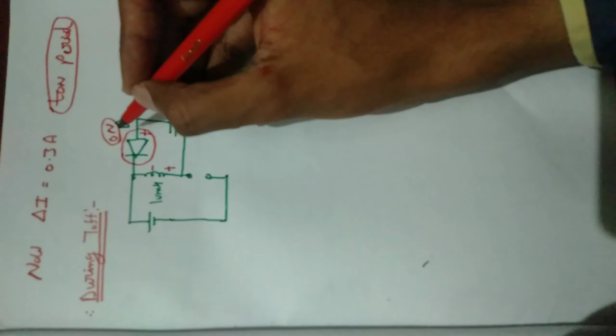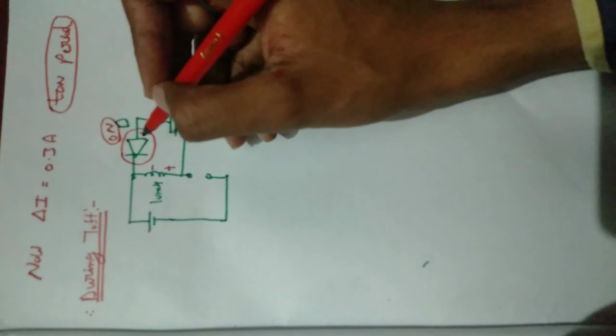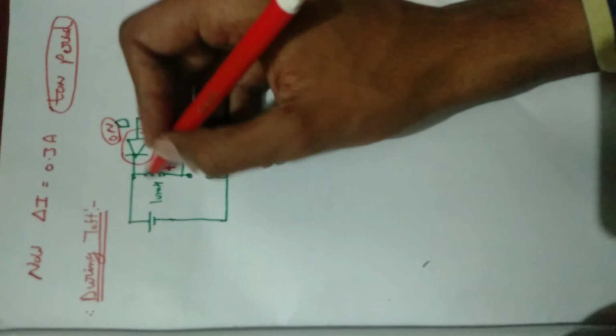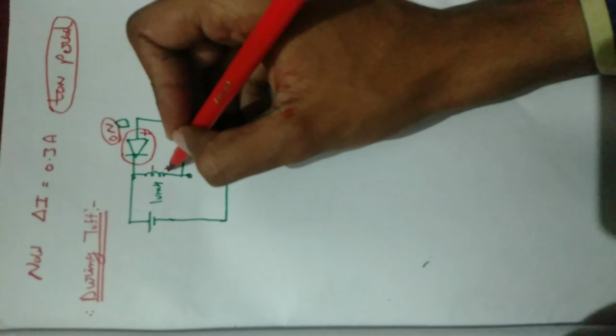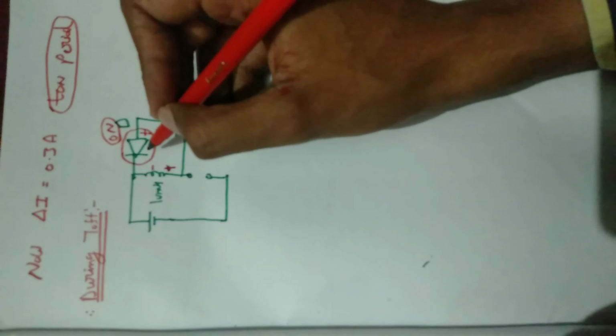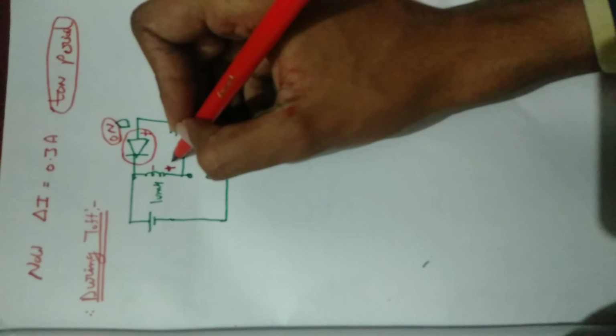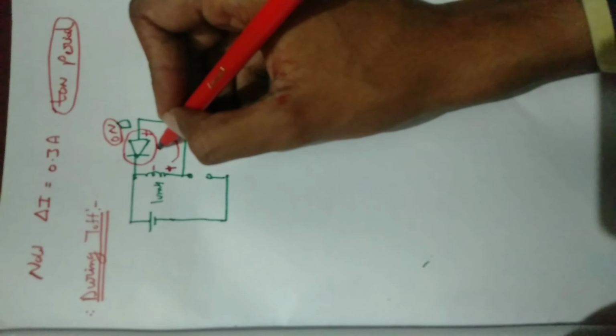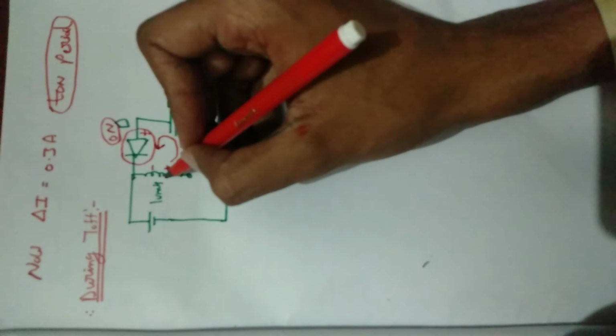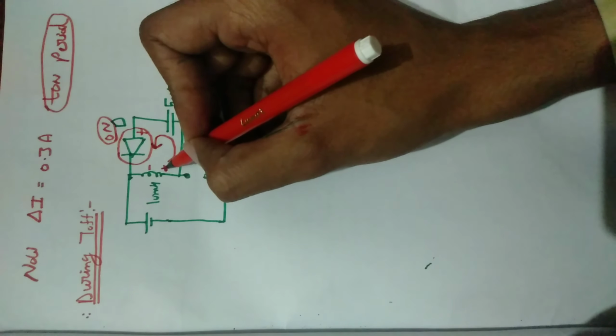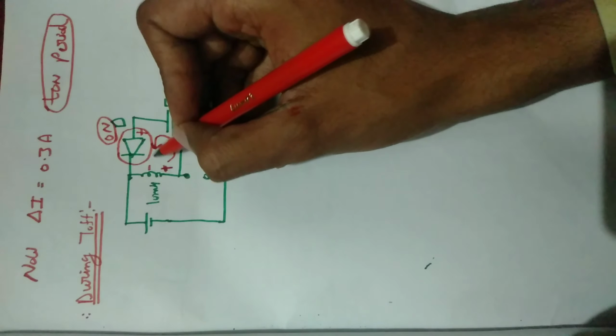So the current flows in this manner, meaning the inductor discharges via this path. So we can write the equation for this circuit.